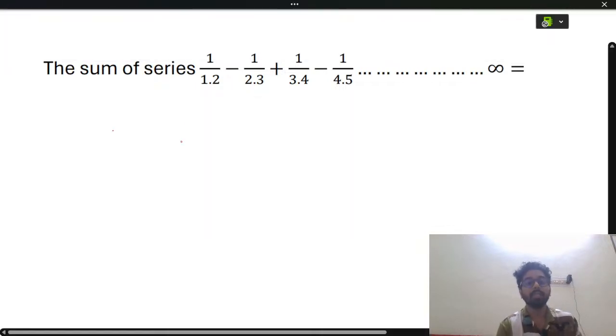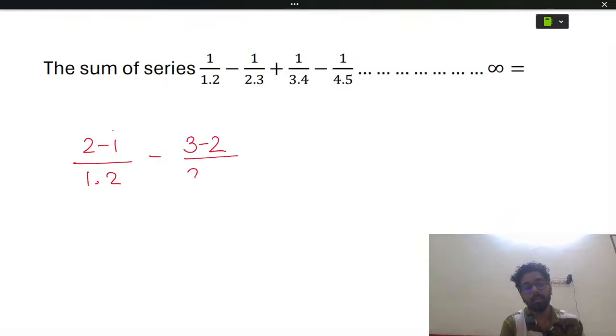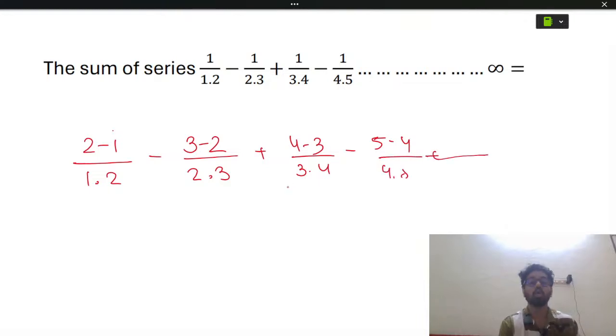The pattern is that the denominator has a difference of 1. So I can write 2 minus 1 by 1 into 2, minus 3 minus 2 by 2 into 3, plus 4 minus 3 upon 3 into 4, minus 5 minus 4 by 4 into 5, and the series goes on till infinity.